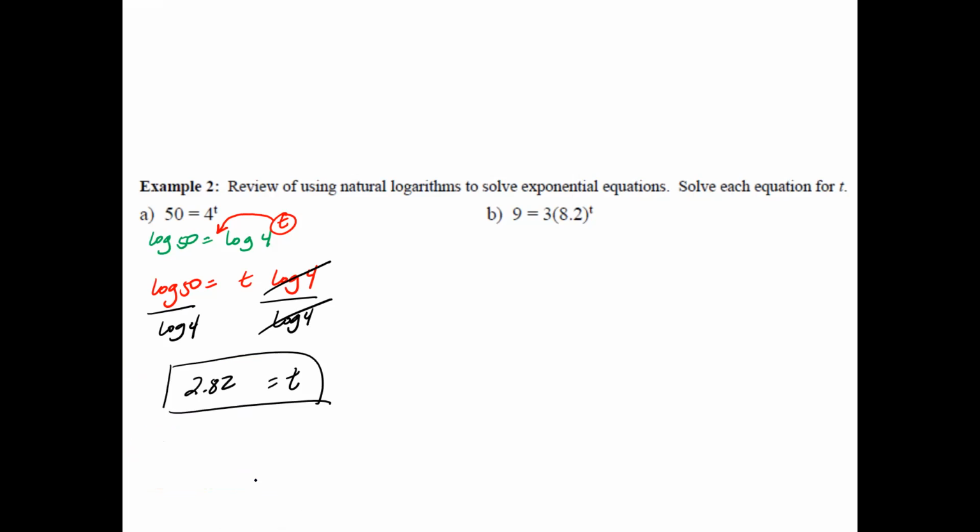All right, let's go ahead and take a look at B. With B, your job is to solve for t. Okay, and once again, you're going to use log. But before you do that, you have a 3 there, so let's get rid of that 3 first. Let's divide it. 9 divided by 3 is a 3. And then what you're going to do is put in log here on both sides. So this t is going to go in the beginning.